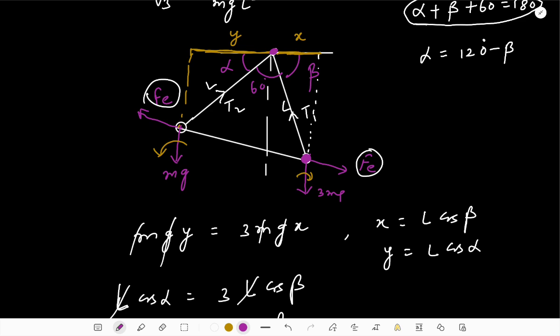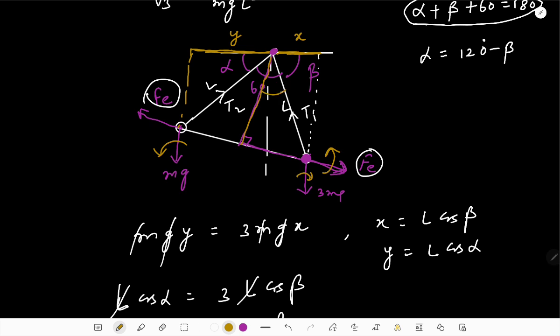So to do so, we'll be needing the line of action, the moment arm of Fe. This thing is the line of action of force Fe. So this is going to be its moment arm, and it's producing a counterclockwise torque, and 3mg is producing a clockwise torque.